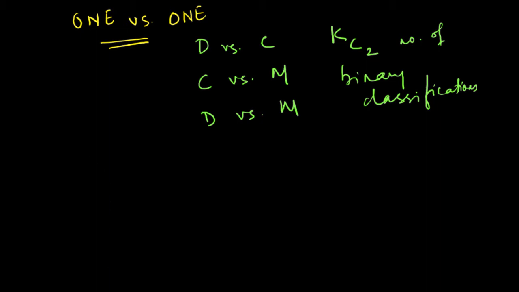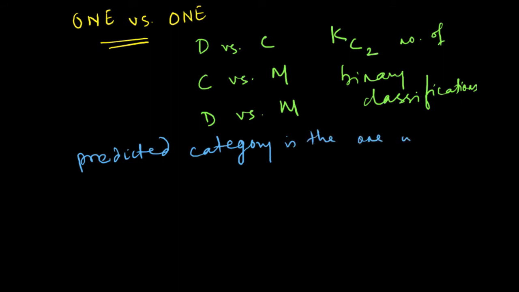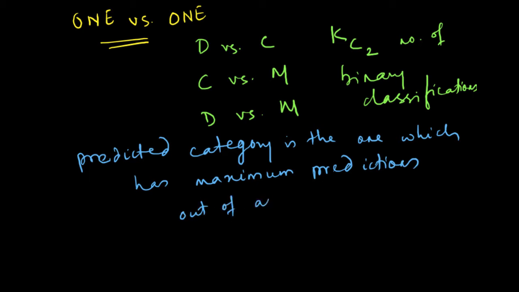And finally, how do you decide the category? Pick the maximum out of them. So then the predicted category is the one which has maximum predictions out of the above KC2 binary predictions.